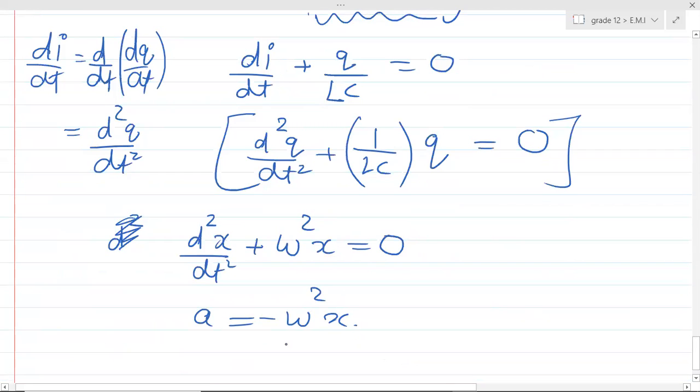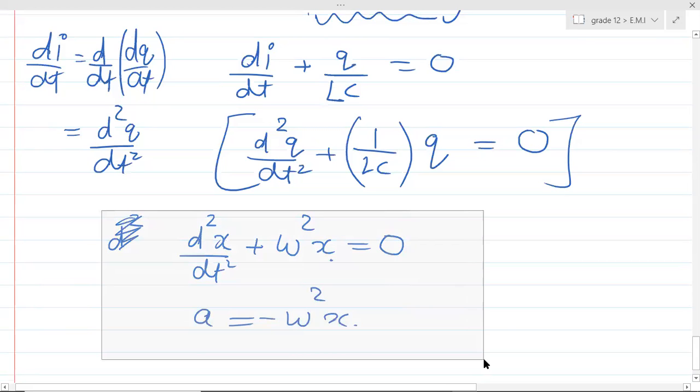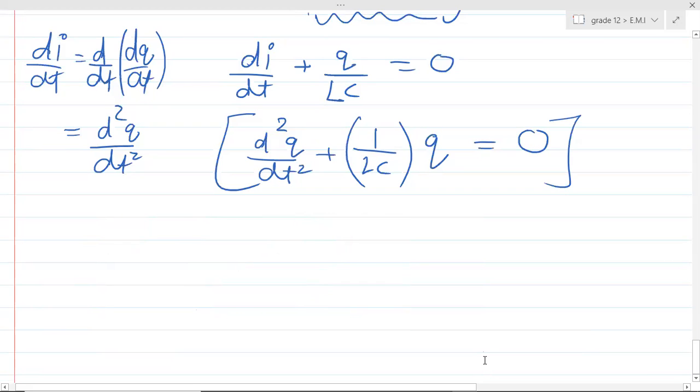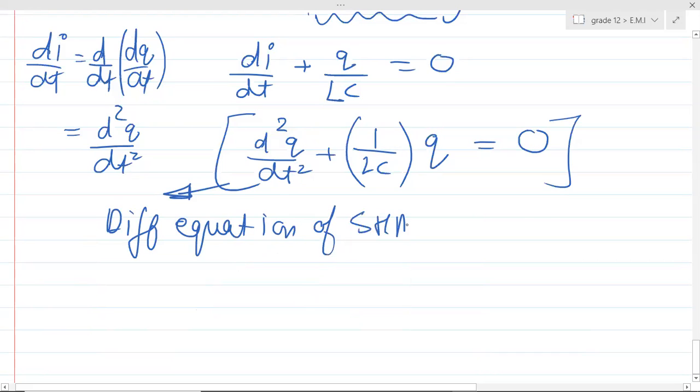Does everyone remember this? So is it the same form? What is the only difference? In place of x, I have q. There, the position was changing in simple harmonic motion. Here, the charge is changing. So again, this is the same differential equation of simple harmonic motion.